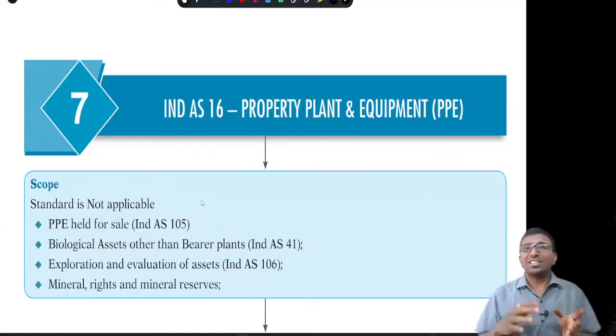And one more thing, the standard is not applicable for a PPE which is dealt with by another standard. Suppose in a business combination you got property, plant and equipment, even though it is an initial acquisition, if you follow Ind AS 16, you would recognize it at its cost, but as per Ind AS 103 it is recognized at the fair market value on the date of acquisition. Like this, if there is any specific standard for the PPE, then you have to refer to that specific standard, but not Ind AS 16.